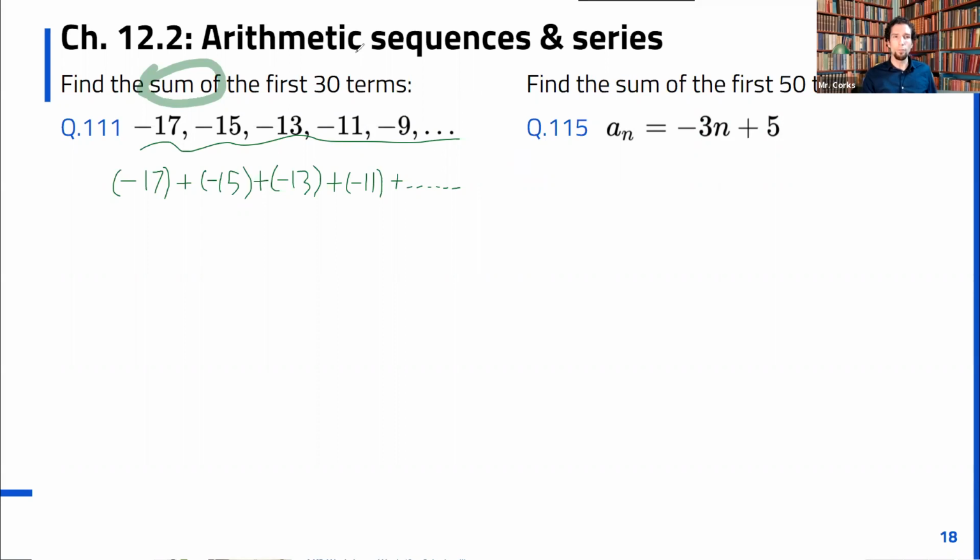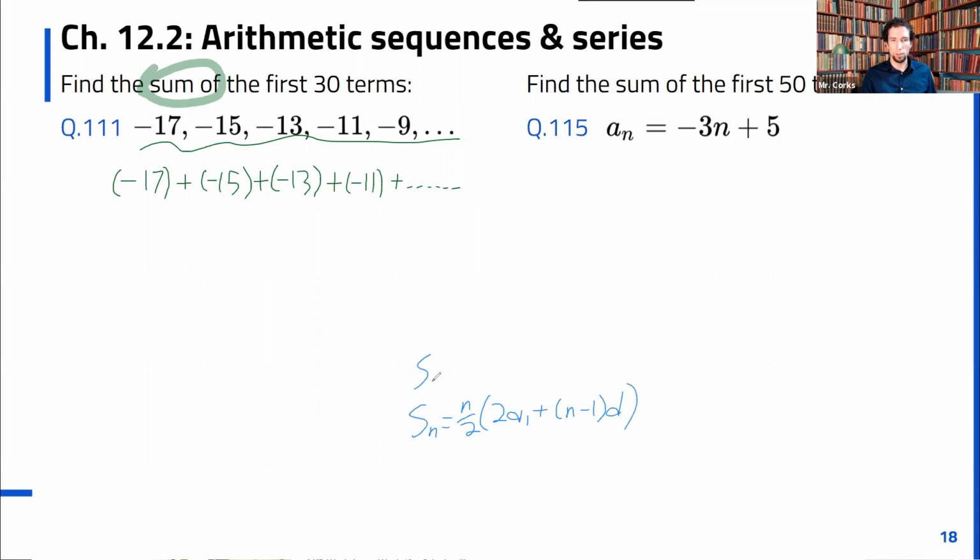What is the formula for the partial sum of an arithmetic sequence? Sn is equal to n over 2 multiplied by 2a1 plus n minus 1 times d.